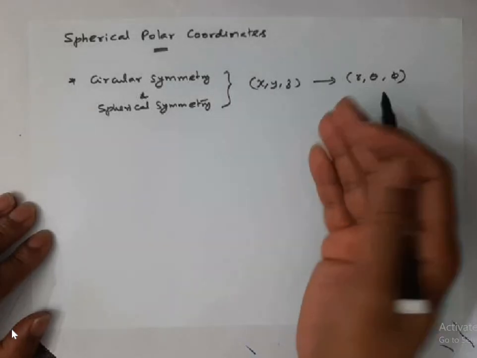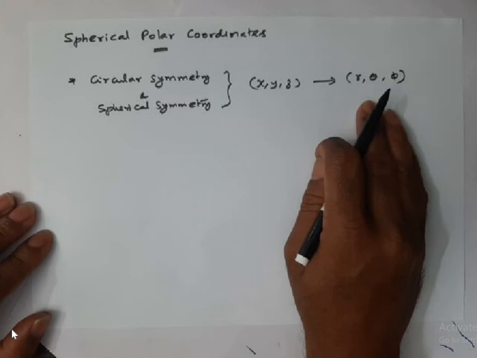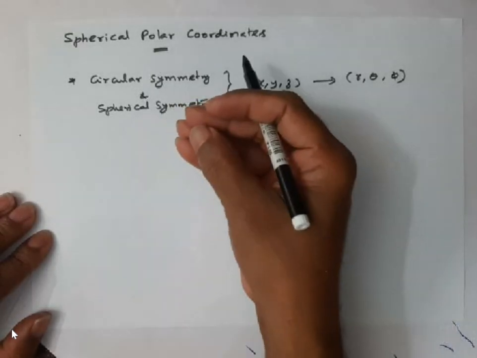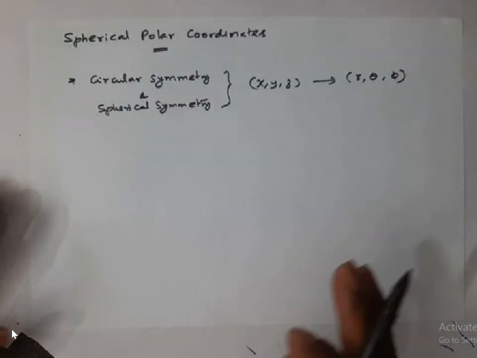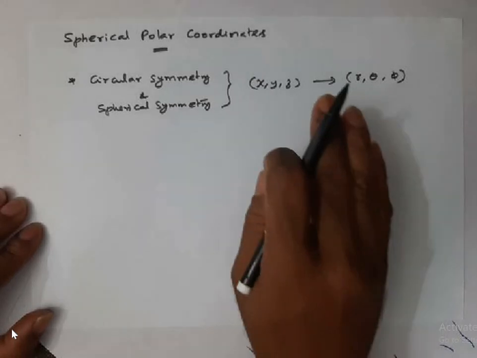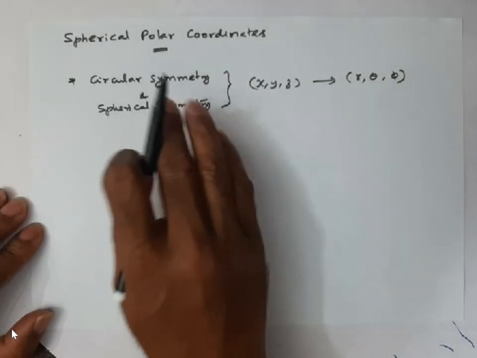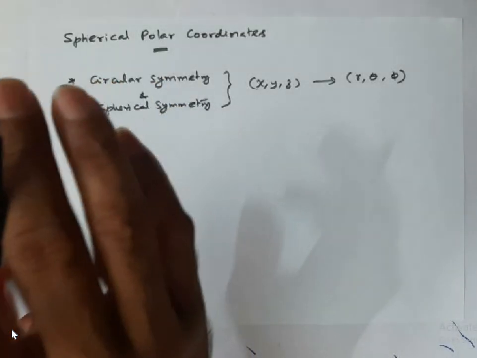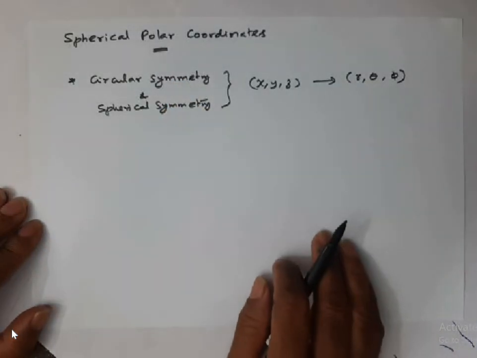Because when you convert, the number of variables gets minimized. Your wave function depends only on a minimum number of variables, and you can very easily solve the Schrodinger equation. So if you apply circular or spherical symmetry, you have a lot of benefit in solving the Schrodinger equation.